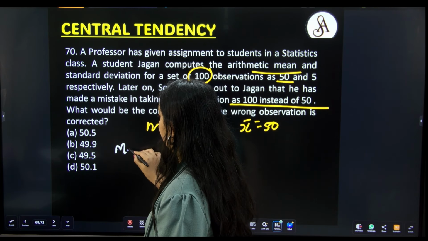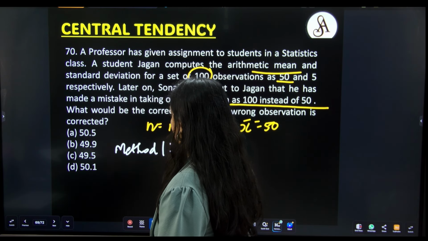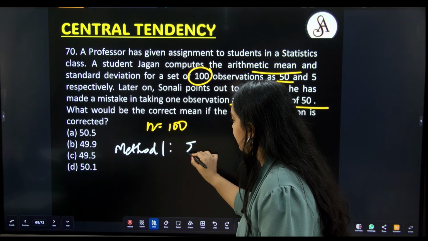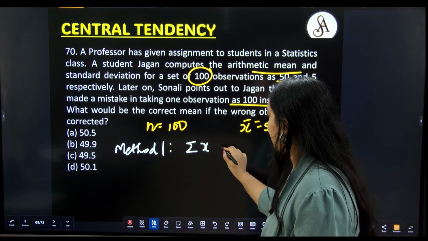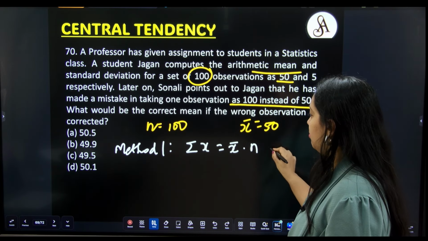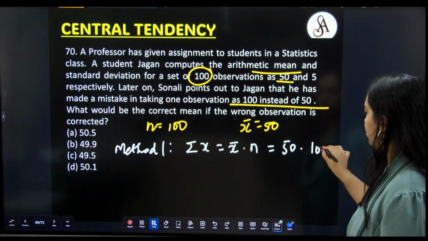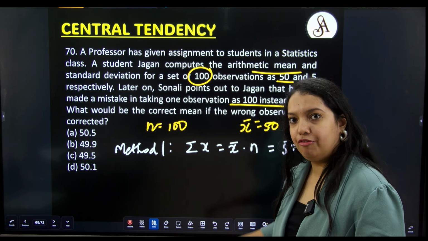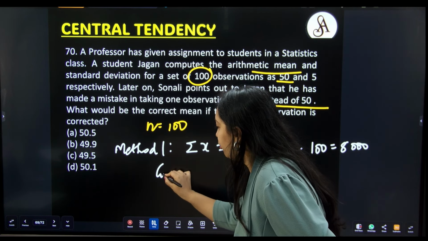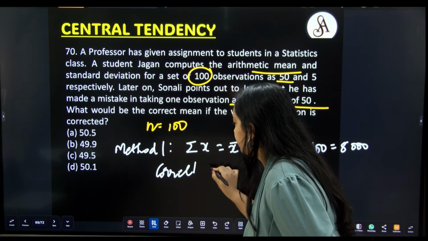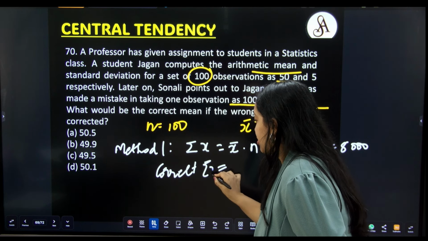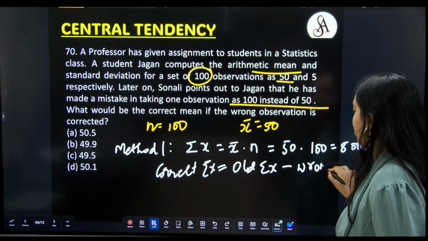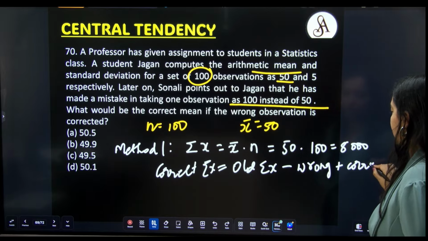Teaching you both. Method number 1, which is lengthy process. In this, the first step, you calculate summation x. How do you get that? X bar into n. Your value will be 50 into 100, 5000. Step number 2, from the sum, you want to find the correct sum, correct? Correct summation x is old wrong summation x minus what is wrong plus whatever is the correct value.